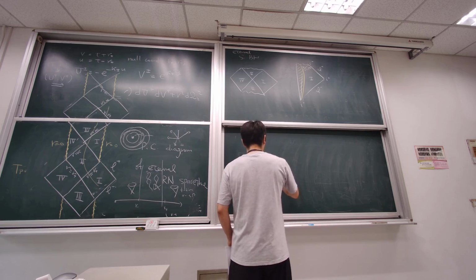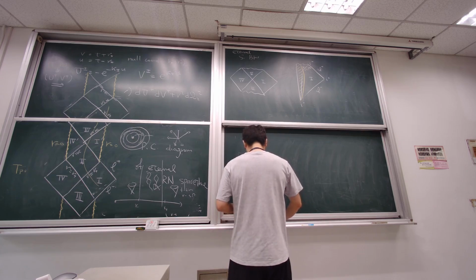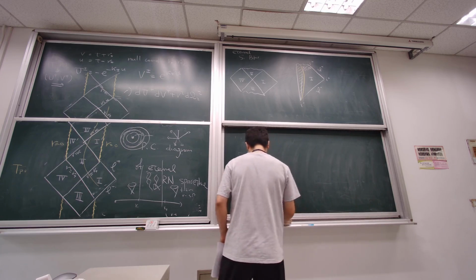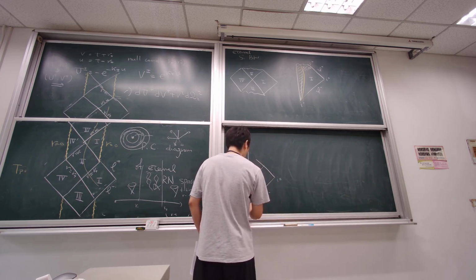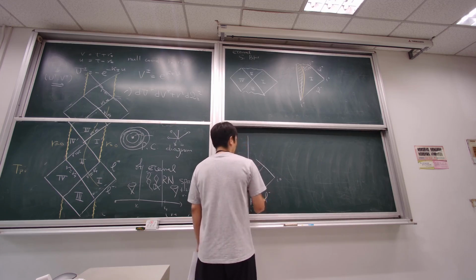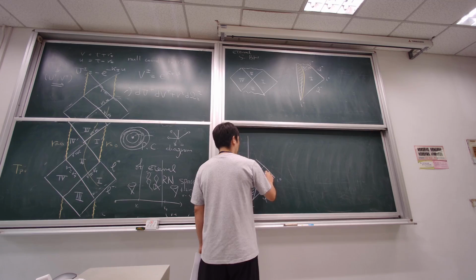So, I 0. Around here it's very similar to Schwarzschild, but now we have r equal to r plus and r equal to r minus.